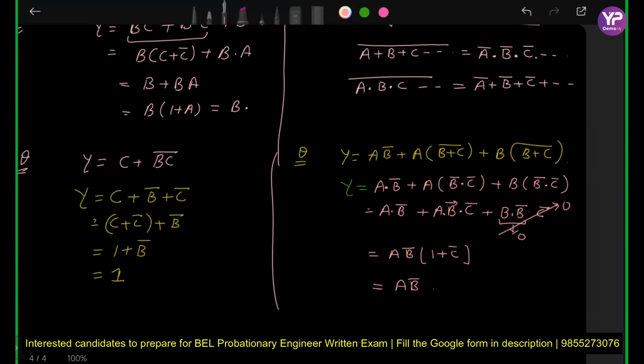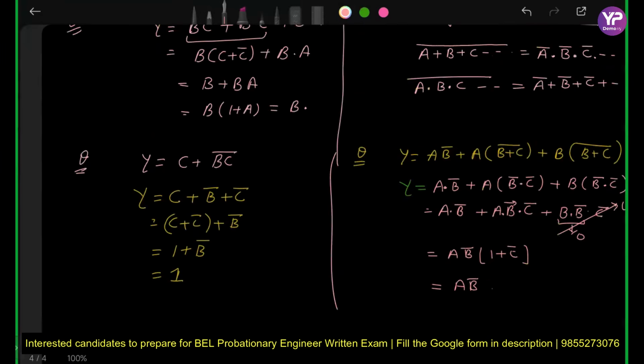No, it's not over here. Okay, let's take you are writing 2 into 3 into 4. How do you read it? 2 into 3 into 4 only, sir. Right, that same thing is here. It is A and B and C bar.